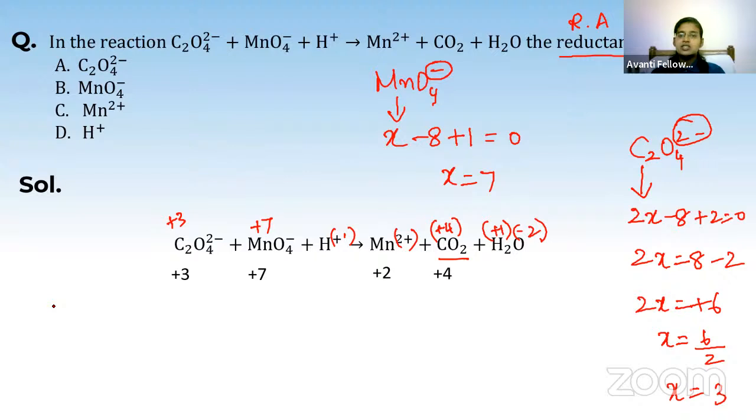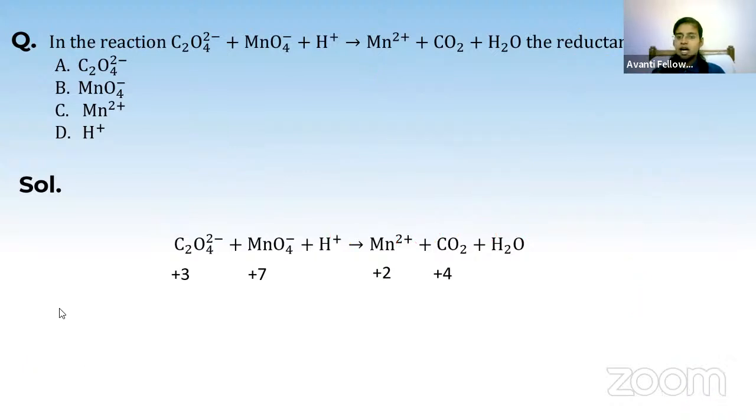Tell me whether it is oxidation or reduction. It is moving from +3 to +4. Tell me whether the carbon has undergone oxidation or reduction. It is an increase in the oxidation number. So what is it called? Guys, tell me.